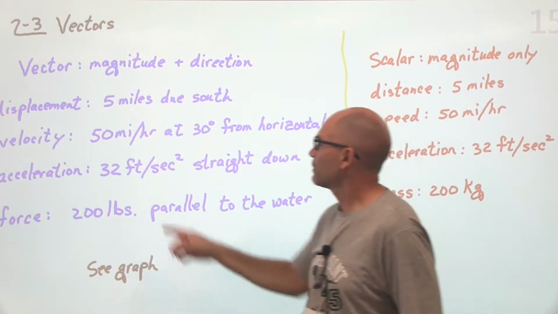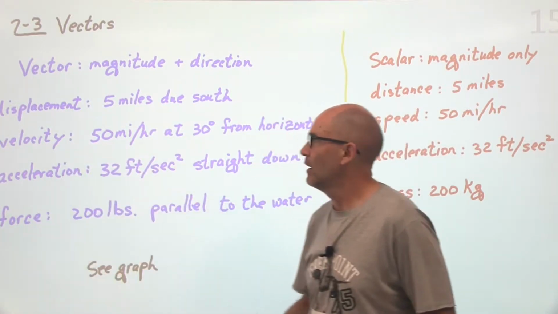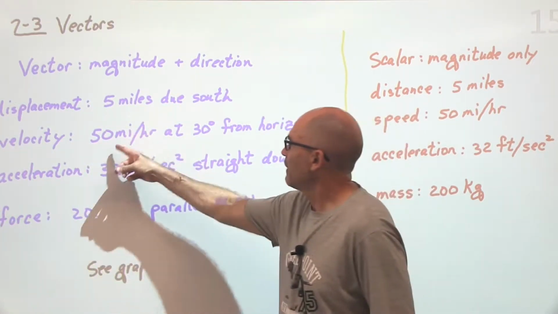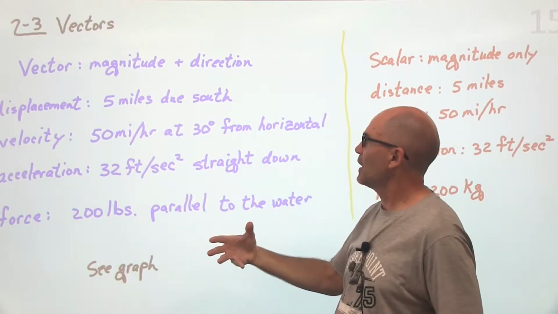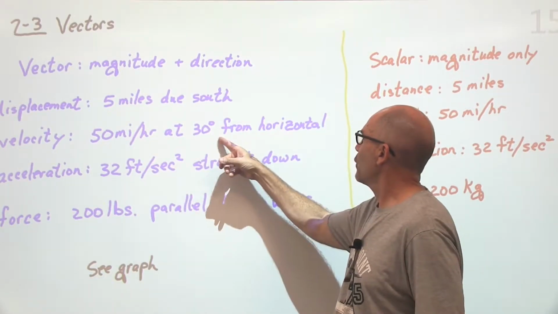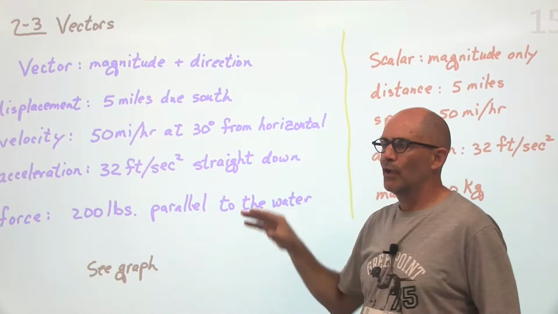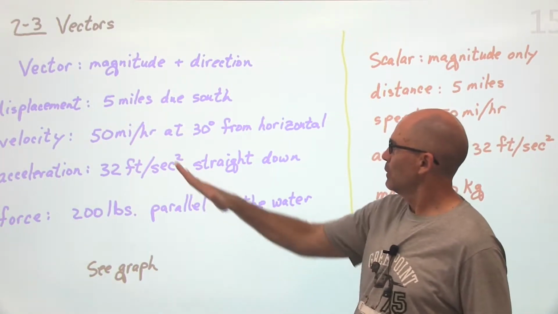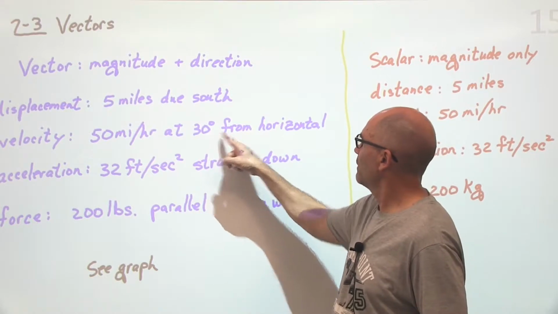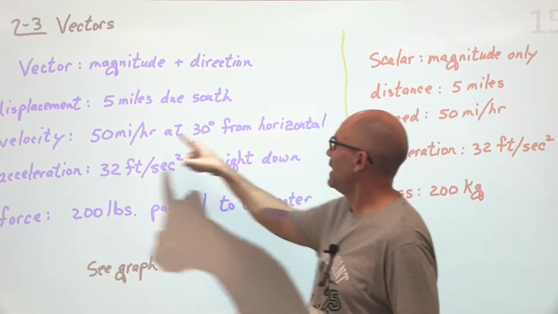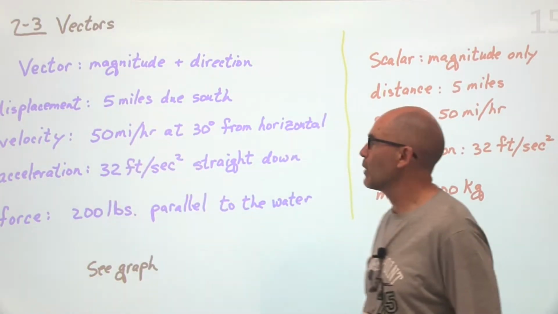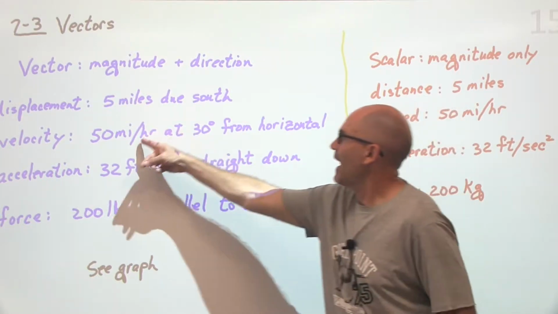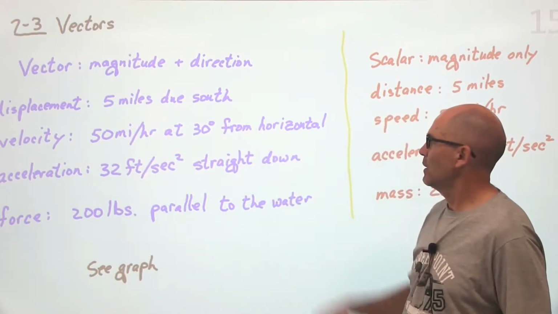Another example: velocity. What's the magnitude? 50 miles per hour. That's a velocity at 30 degrees from horizontal. So basically, if I'm shooting a missile at 30 degrees from horizontal, that's the direction, and it's going 50 miles per hour. So magnitude, direction.